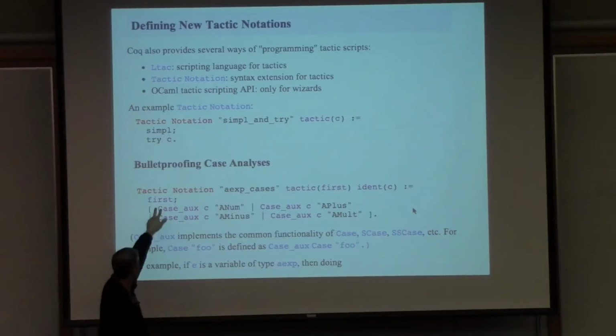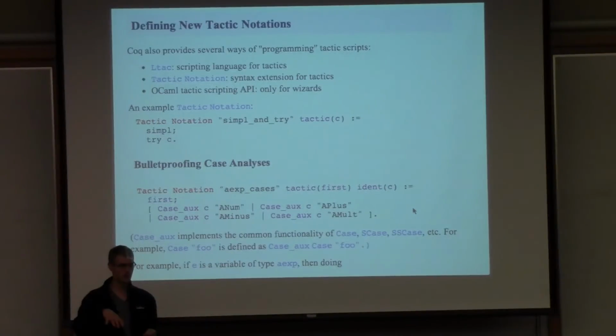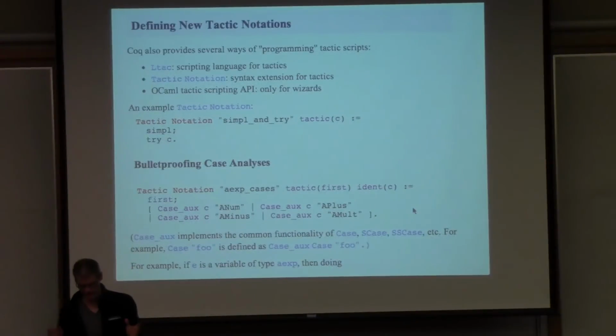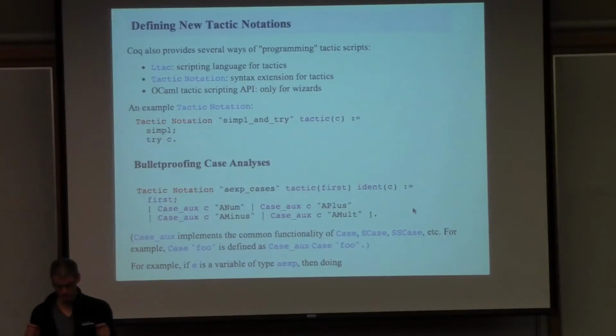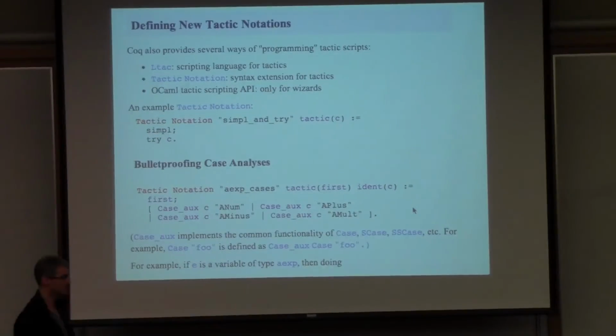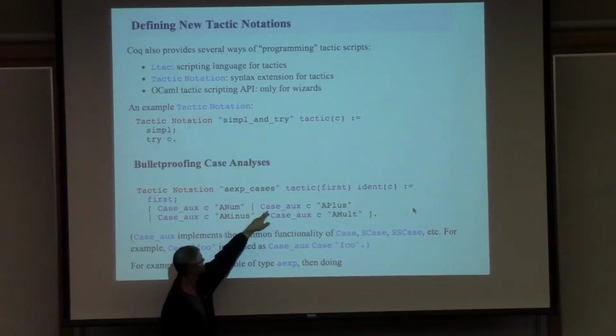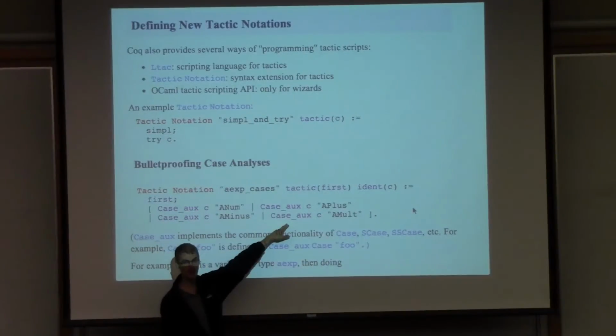So typically, first will be induction on some piece of data of type AEXP. Then there will be 4 clauses in the inductive proof. So first does the induction, which splits it up into 4 clauses. And then after the semicolon, each clause has a different tactic executed at the beginning of it.